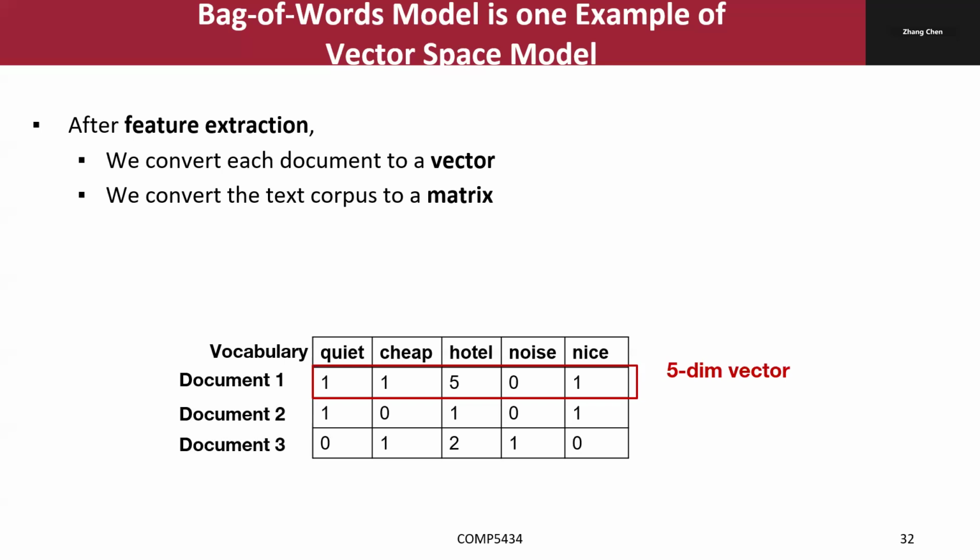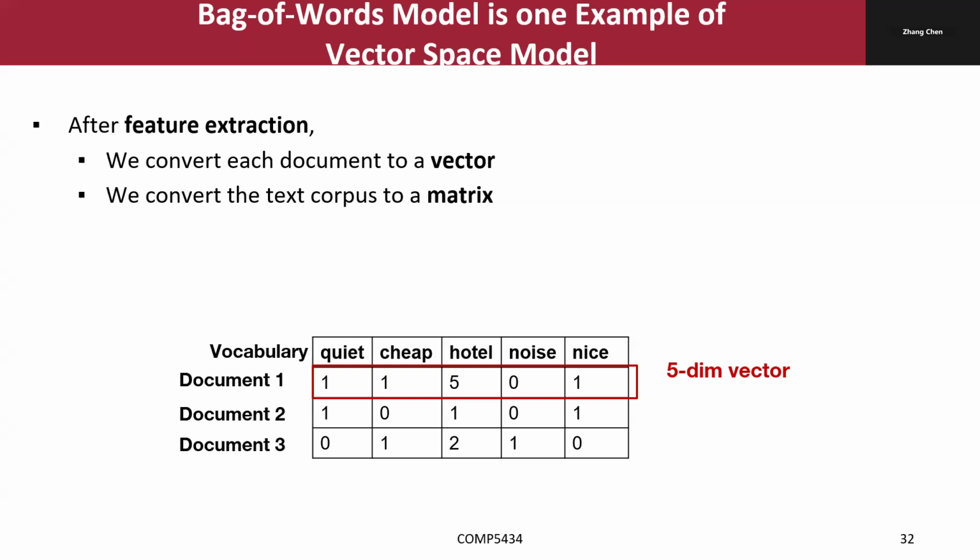The idea is quite simple. Each document is represented as a vector, and each position in the vector corresponds to one word in the vocabulary. So this 5-dimensional vector represents document 1, and each number indicates how many times that word appears in the document. Each value in each position indicates the number of times that the word appears in the document.